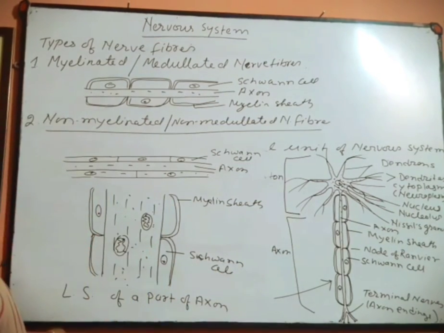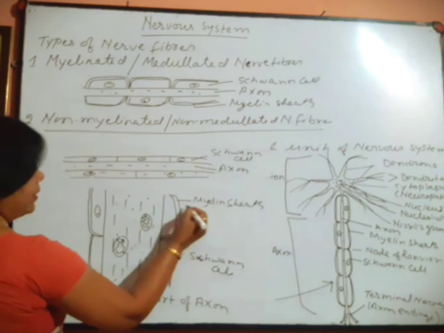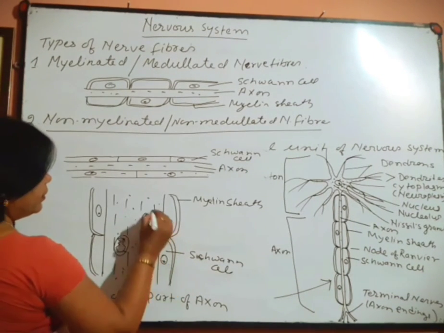This is a part of the axon, and this is the myelin sheath, Schwann cell.